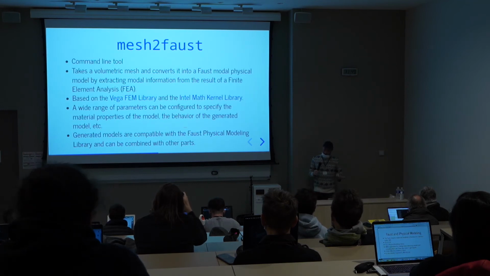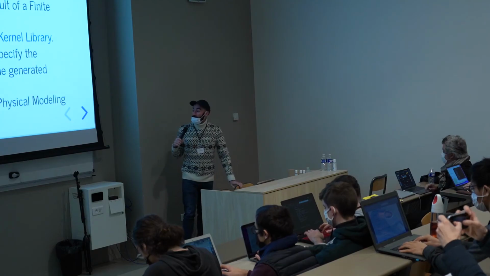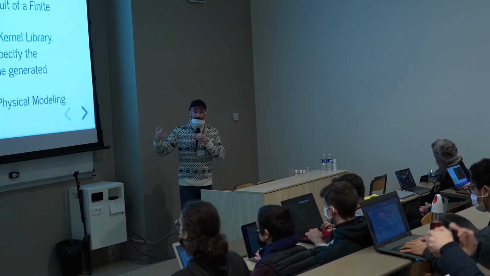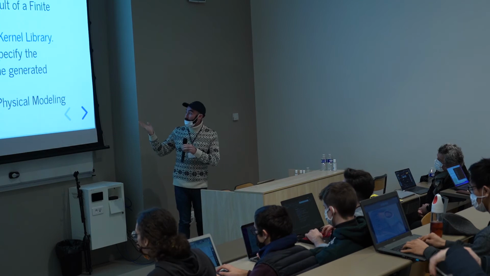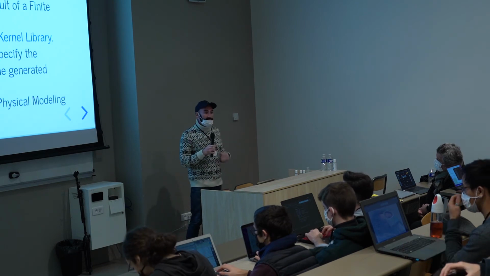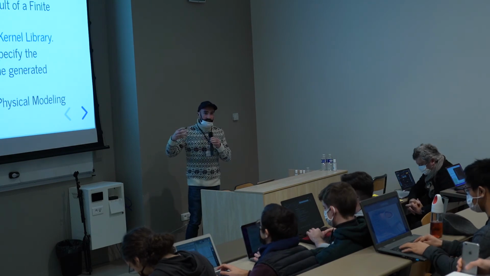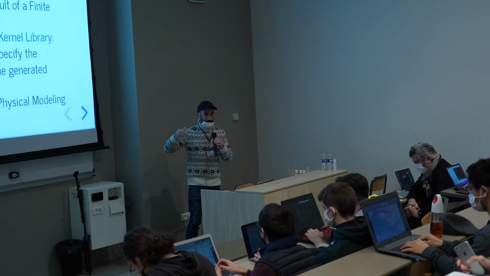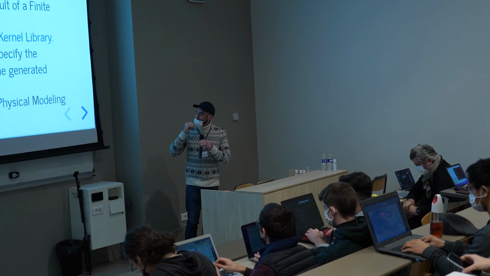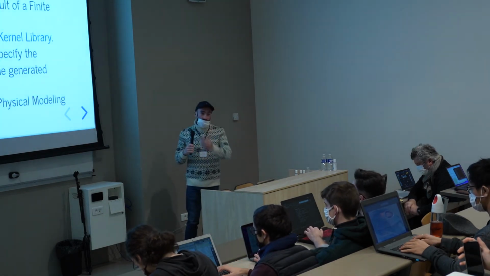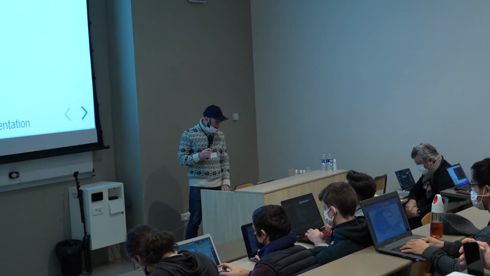Finally, generated models are compatible with the Faust physical modeling library and can be combined with other parts of it. For example, in the Faust physical modeling library you have strings and bows and bridges of string instruments, and you can connect them to the generated model of Mesh2faust.